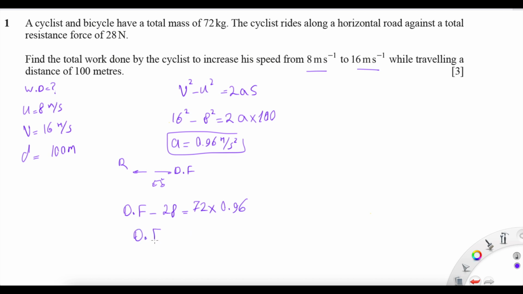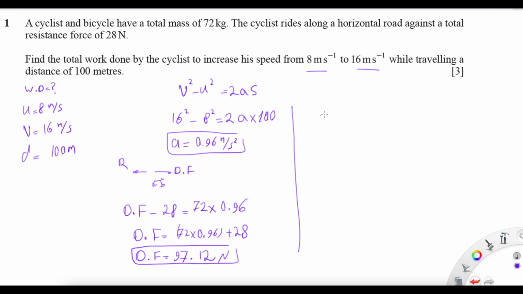So the driving force will be 72 times 0.96 plus 28. Hence, the driving force will be 97.12 newtons.